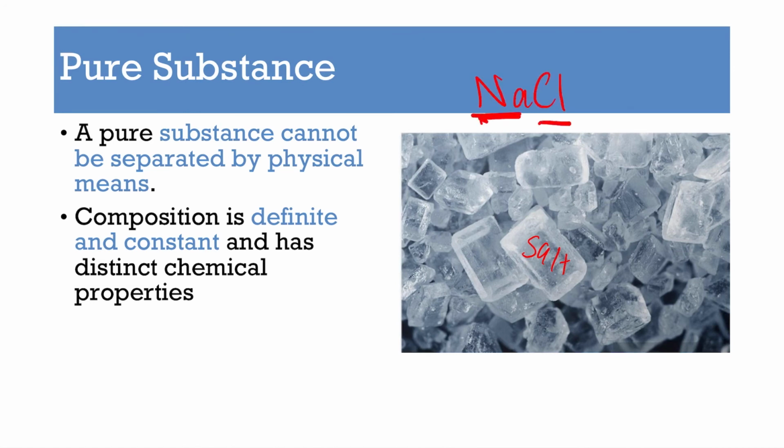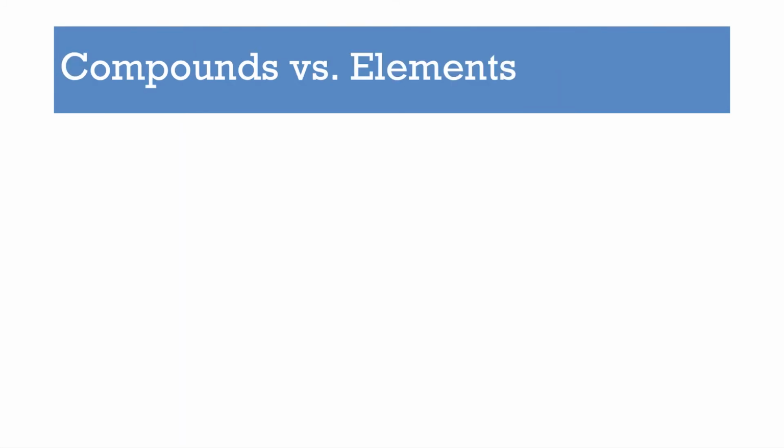You always have one Na and one Cl, and so that's not changing. We can't physically, with our hands or very, very minor separation techniques, pull apart that Na and that Cl to make those separate pieces. So we say that it is a pure substance or a chemical substance.